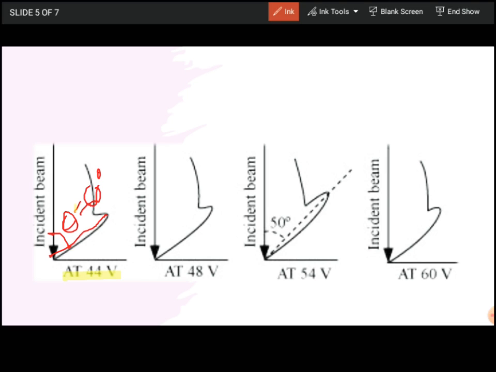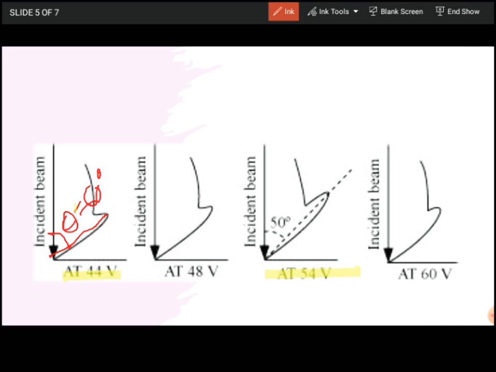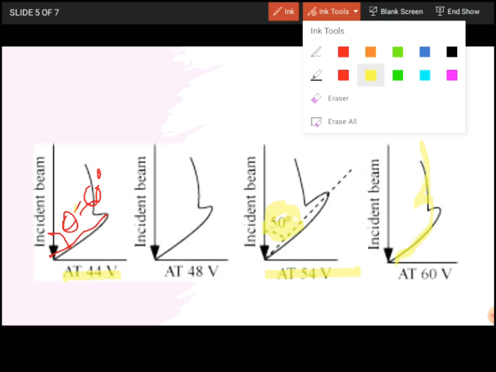The spark becomes most prominent at 54 volts and the corresponding angle is 50 degrees. At still higher potential, the length of the spark decreases until it disappears completely about 68 volts. So here we notice that the spark decreases gradually as the anode voltage increases.